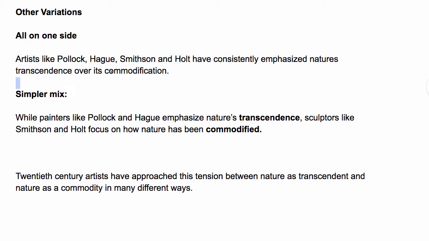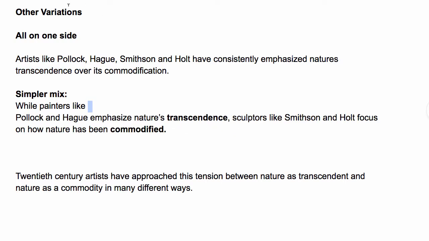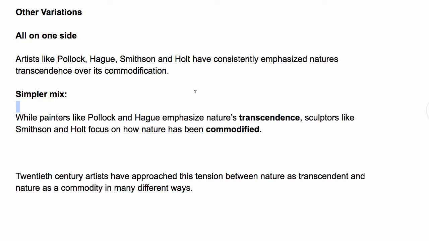But notice how I still use both terms. Even when I see all my artifacts as emphasizing one value over the other, in my thesis, I'm still using both terms because I'm placing them on that spectrum, even if they're all at one end of it. Another example of a simpler kind of thesis would be where you had a mix between your ideas.